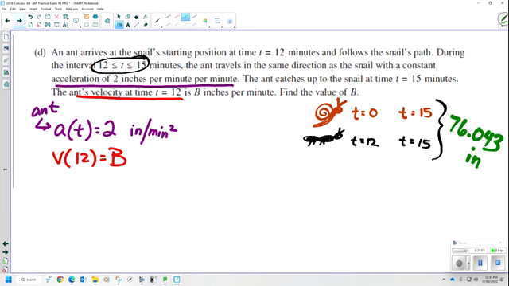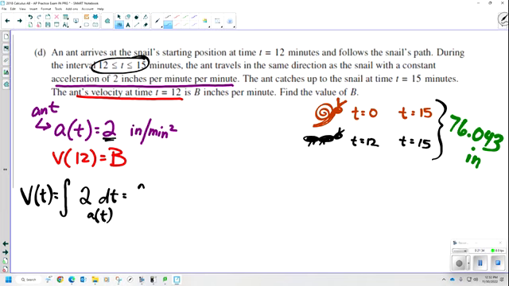All right, so first of all, we need to get the equation for velocity for the ant. If I integrate acceleration, I get velocity. So I'm going to integrate 2 dt. That will give me velocity. This is acceleration here.